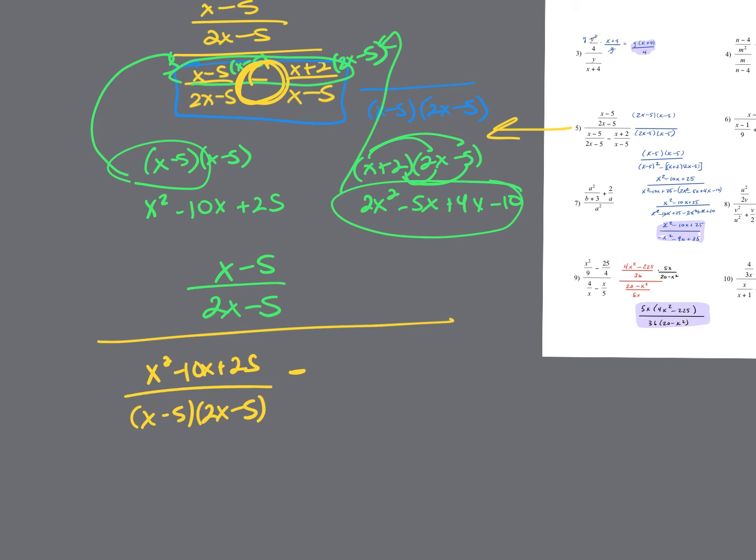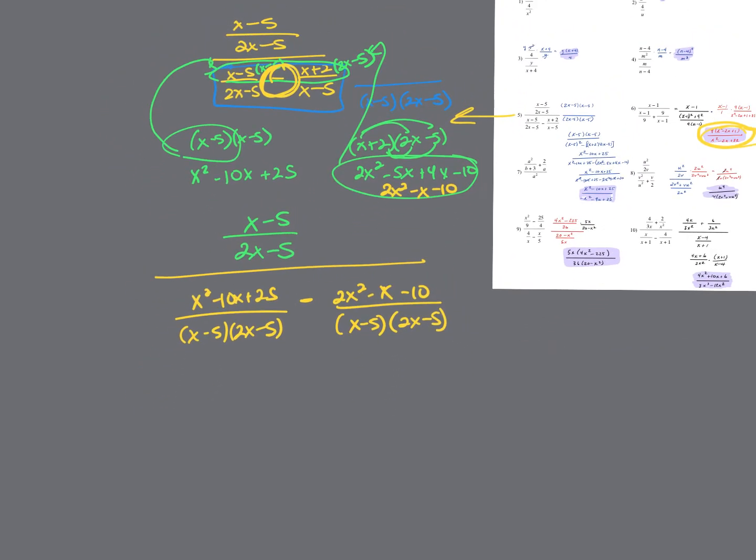And then the second fraction is 2x squared minus x minus 10, I didn't simplify this, over x minus 5, 2x minus 5. Now, the denominators in the bottom are the same, so I'm going to combine that into one.